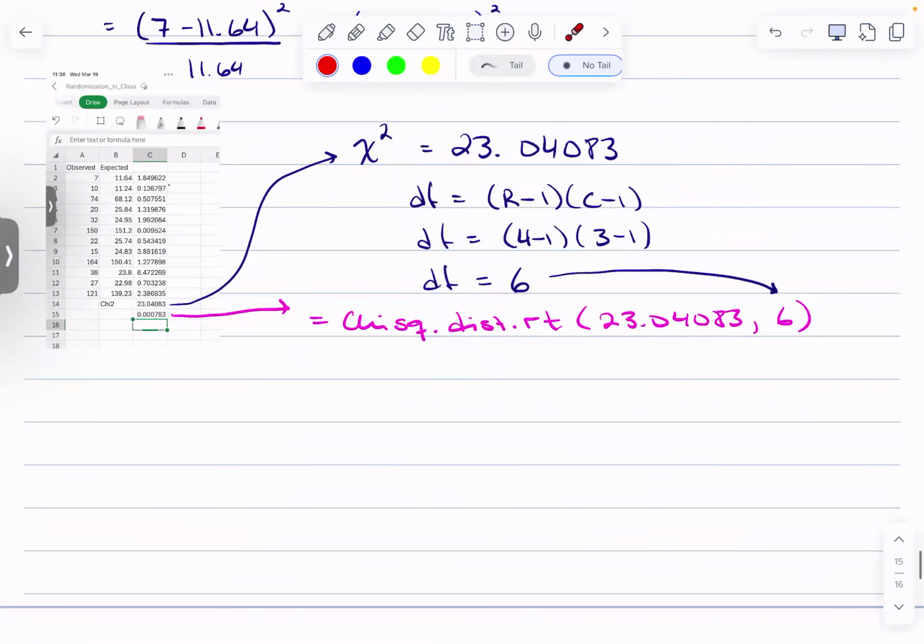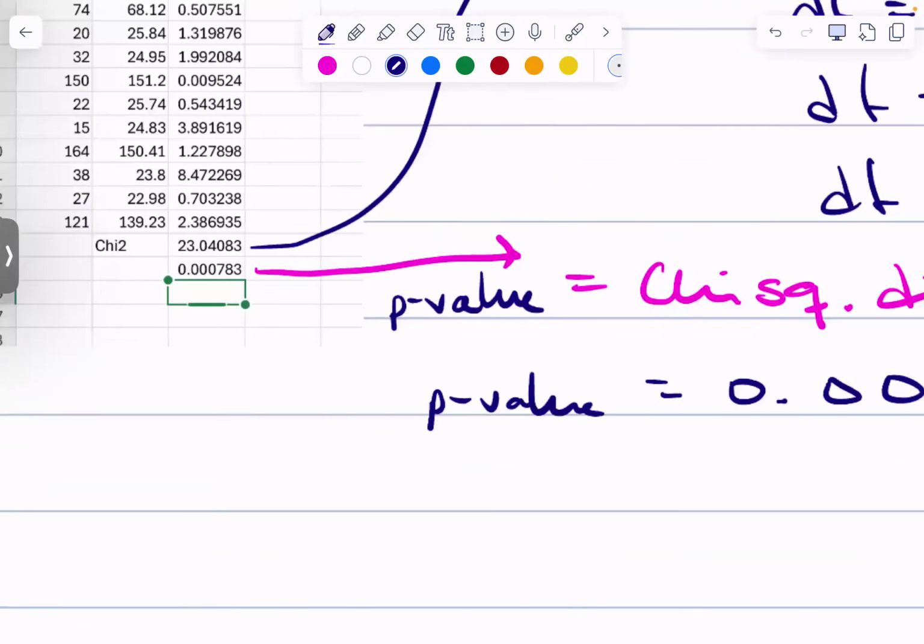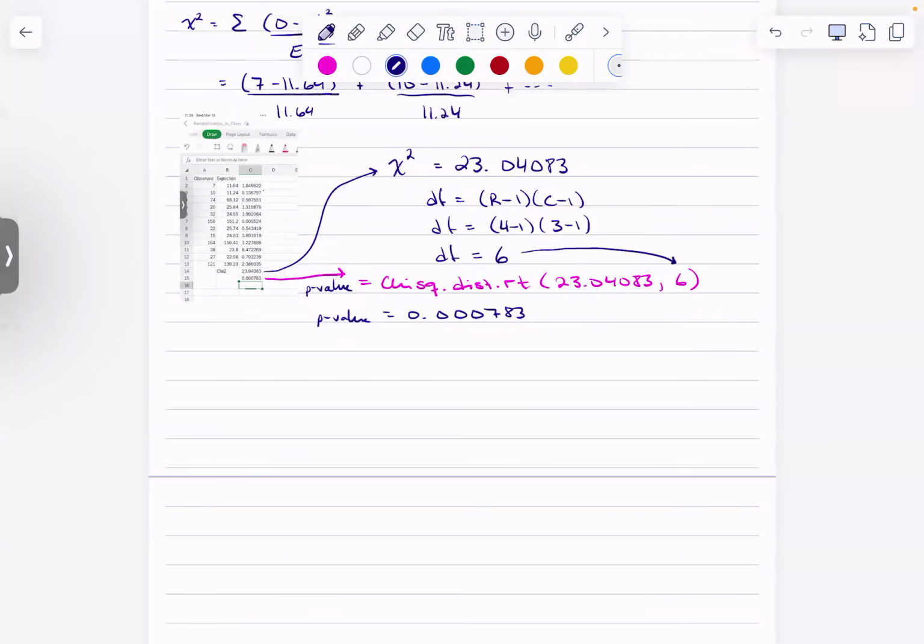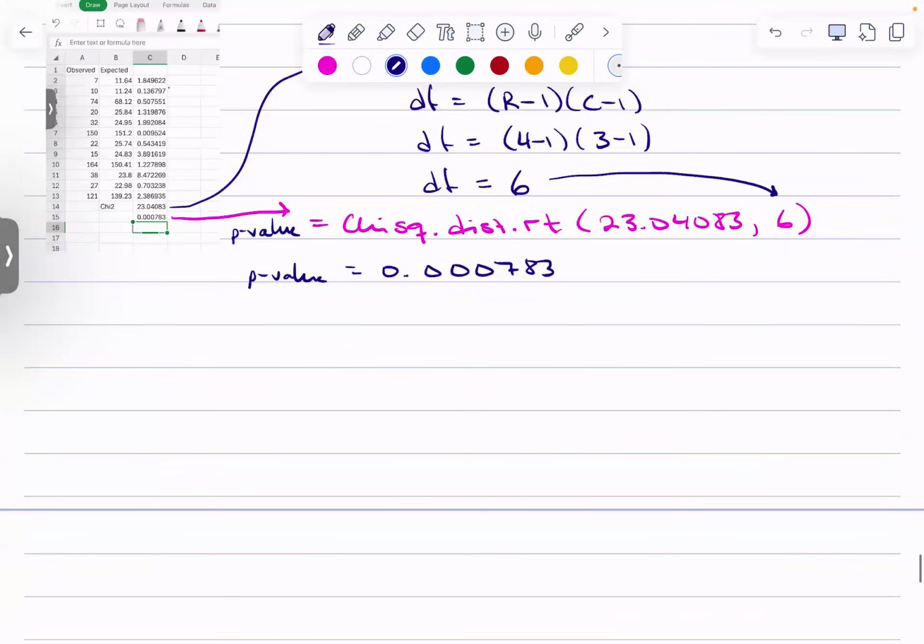Okay, so our p-value is 0.000783, from software. Way better than the table.